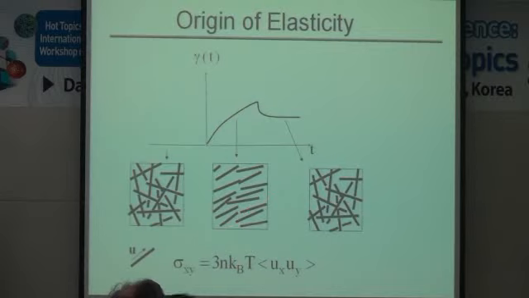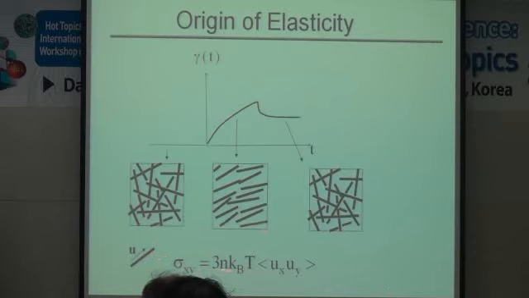I think I will derive this formula later, but it can be shown that the shear stress of the solution of rodlike polymers is directly connected to the orientational order parameter, where u is the unit vector parallel to the molecules.